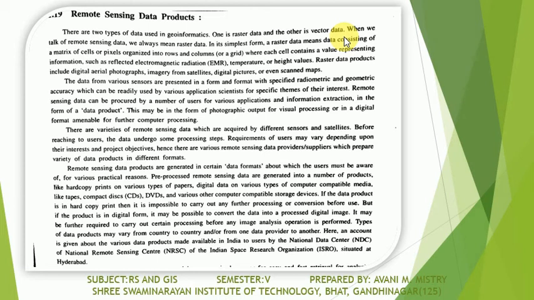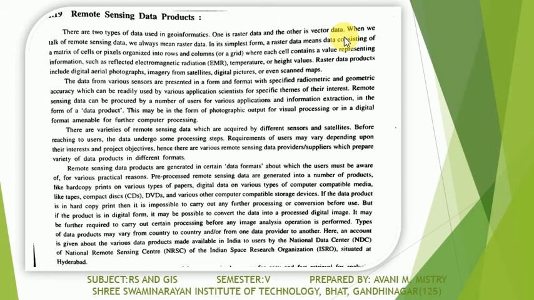In its simplest form, raster data means data consisting of a matrix of cells or pixels organized in rows and columns, where each cell contains a value representing information such as reflected electromagnetic radiation, temperature, height values, etc. The raster data products include digital aerial photographs, imagery from satellites, digital pictures, and even scanned maps.